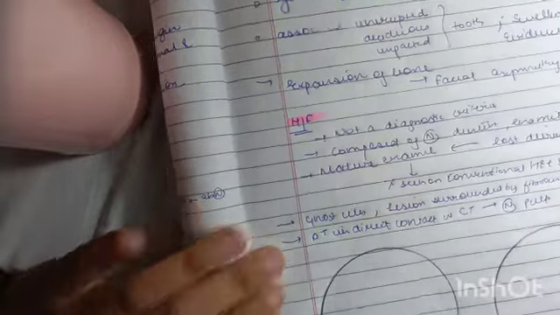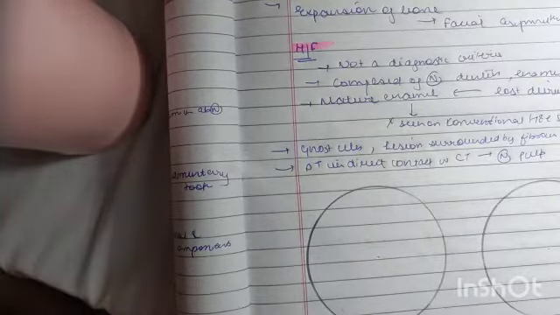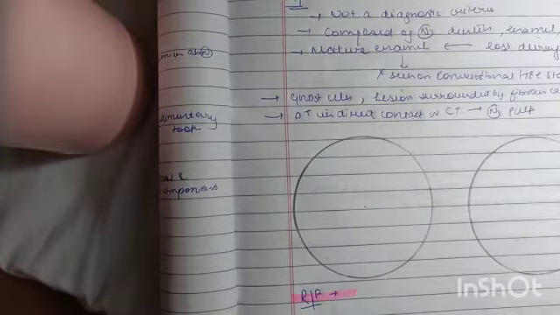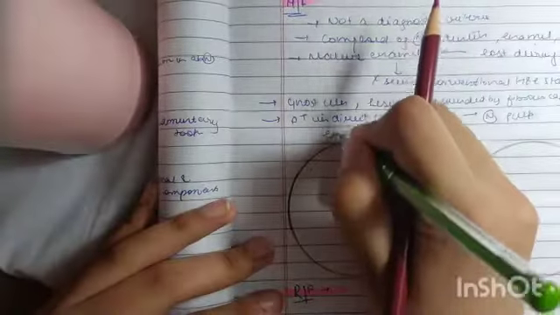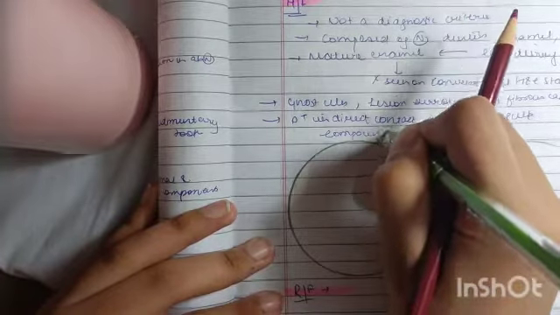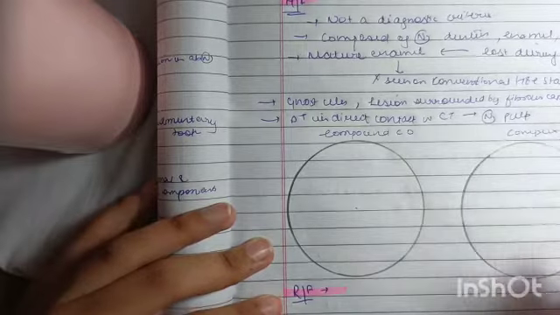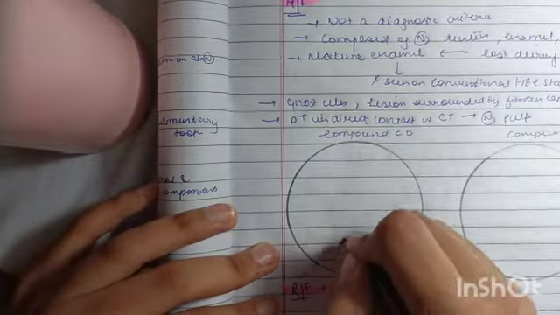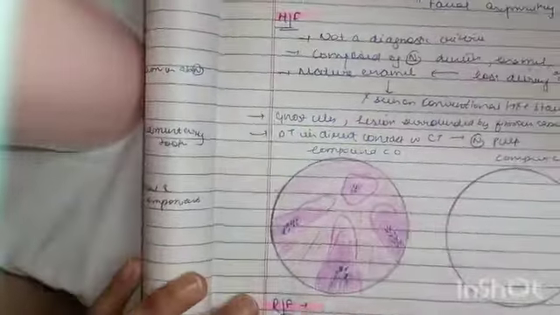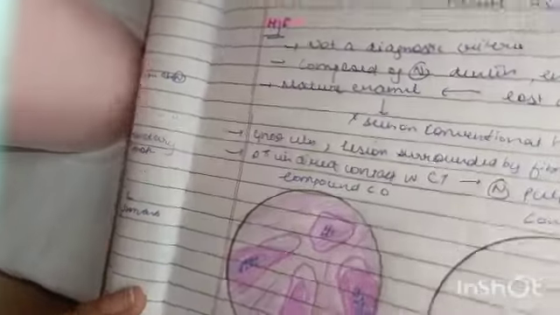All right, so this is it. Now we'll just draw some diagrams so that you can draw it in the exam as well. So first I'll be drawing the compound odontome. So this is going to be compound composite odontome. This is going to be complex composite odontome. All right, now let's do the labeling.